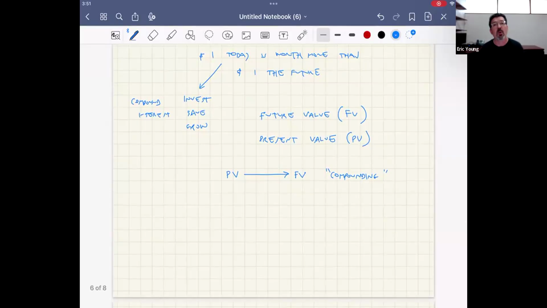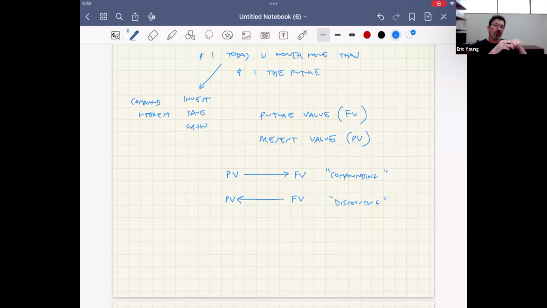But we can also go backwards in time. Suppose that you know the future value. You can pull the future value back to the present, and we call moving money in this direction discounting. So when you hear the terms compounding or discounting, it's just talking about the movement of money through time.